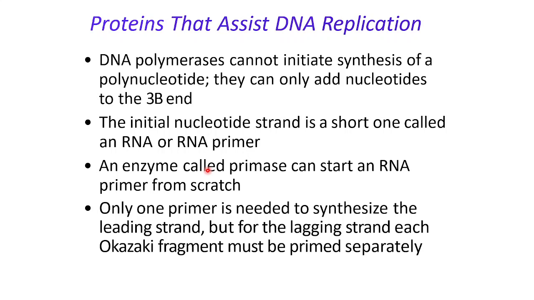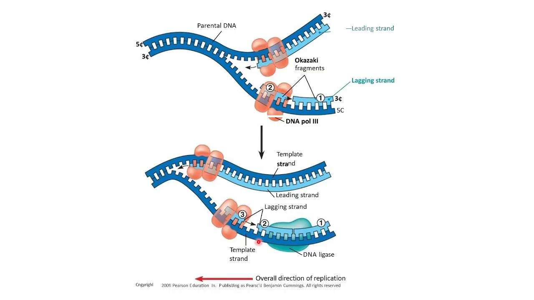It sits on the mother strand, and from there it starts elongating, and that happens for the leading strand. But for the lagging strand, every time the primer has to be generated and then it elongates. It cannot elongate for more because these are short fragments. It cannot elongate in this particular direction.